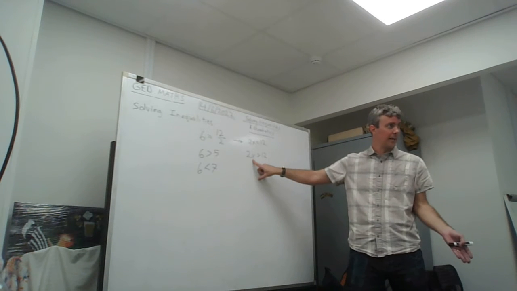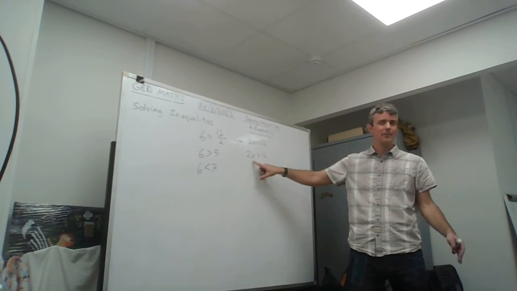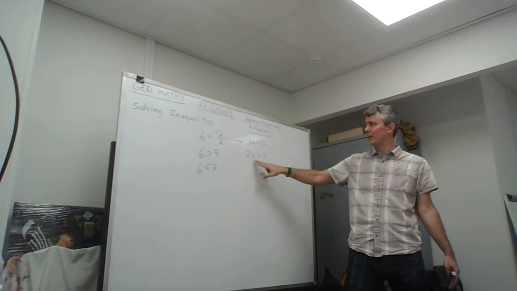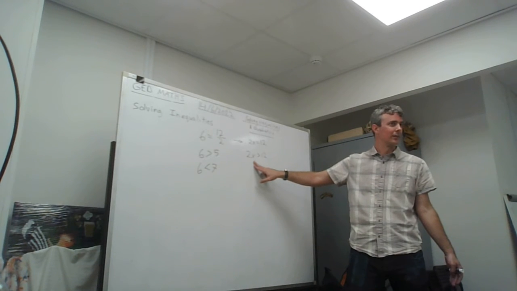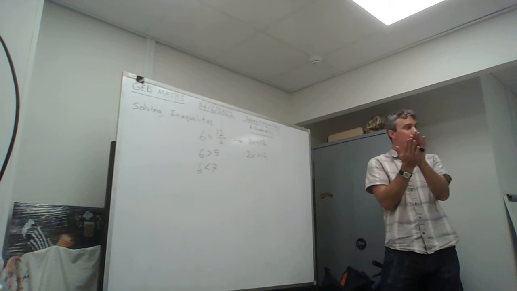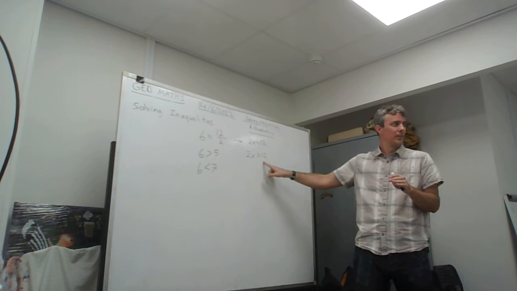That's also true for x is 8, 16 is greater, and x is 9, and x is 200, and x is 1,000. Actually, 6.1 will work as well, because 12.2 is greater than 12. So anything bigger than 6 will be correct for this inequality.